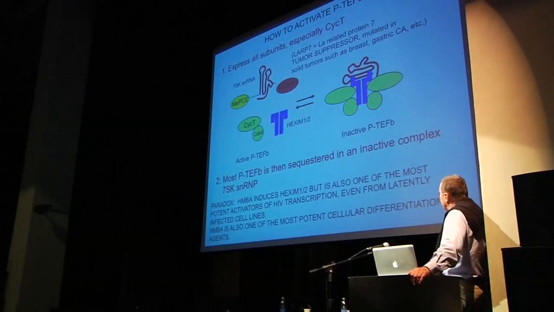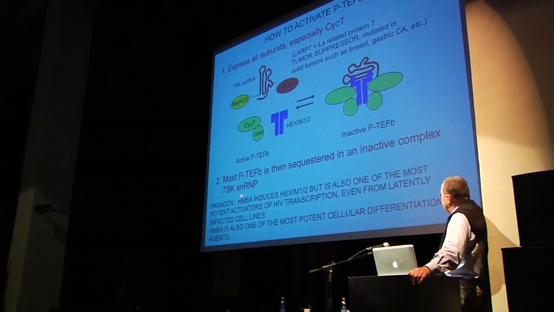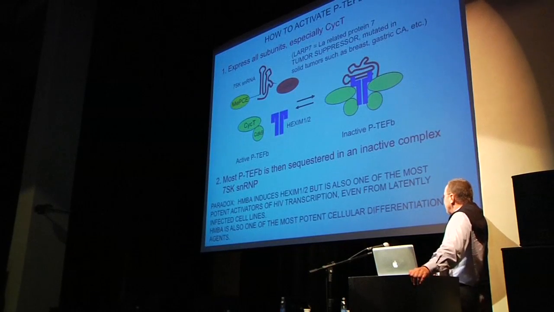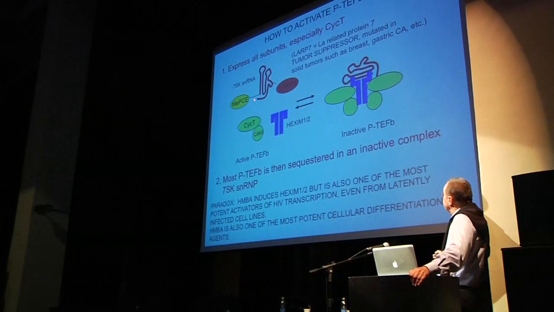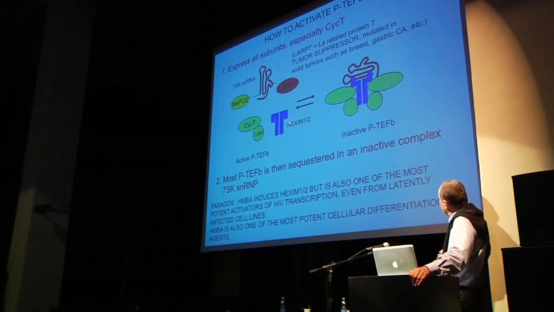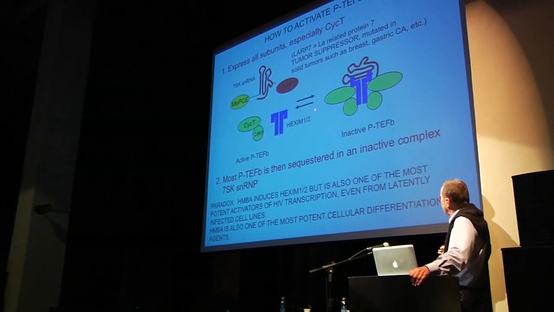So there was a paradox that we had initially when we started the studies. We knew that there was a drug called HMBA, hexamethylene bisacetamide, which is the strongest differentiation agent known to man. In fact, it was occupying Paul Marks for about 15 or 20 years because he thought it would be very useful for treatment of leukemias. But it's also the substance that induces something called HEXIM, hexamethylene bisacetamide induced messenger RNA 1 and 2.